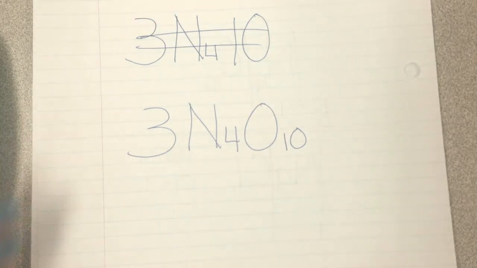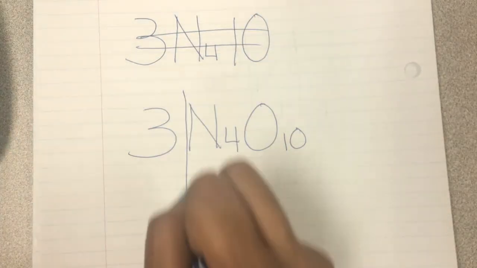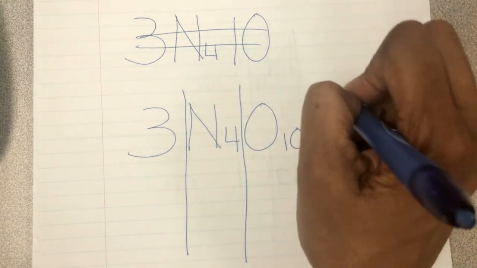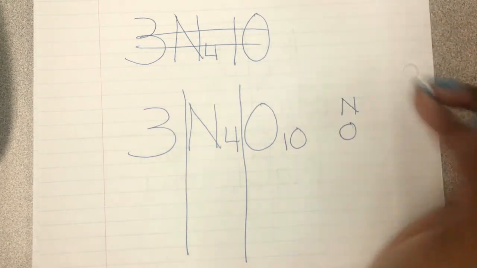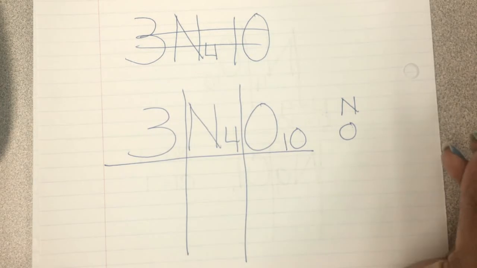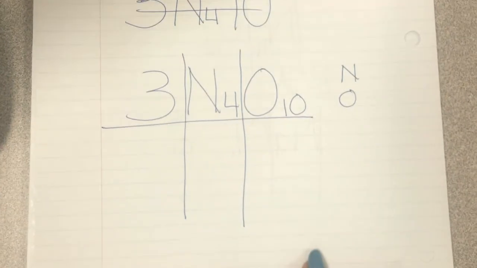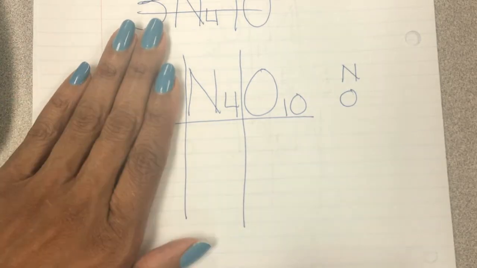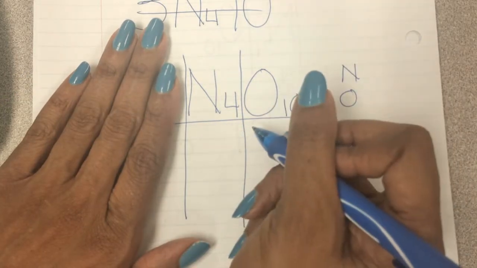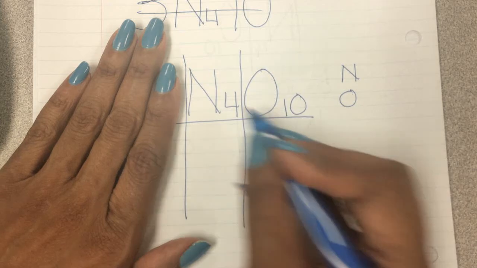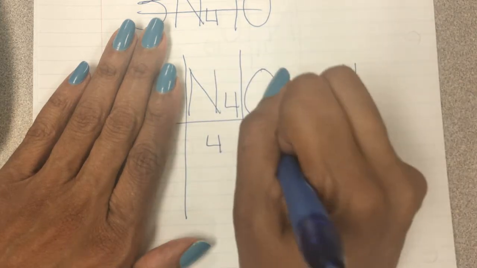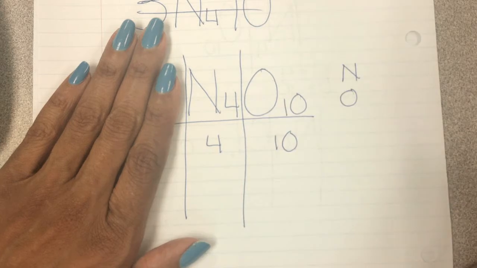So the first thing I do is I draw lines in front of my capital letters. So I have nitrogen and oxygen. Now, with the coefficient, it involves one extra step. So I'm going to ignore my coefficient to begin with for now. Now I look at my subscripts. So I have 4 atoms of nitrogen and 10 atoms of oxygen.